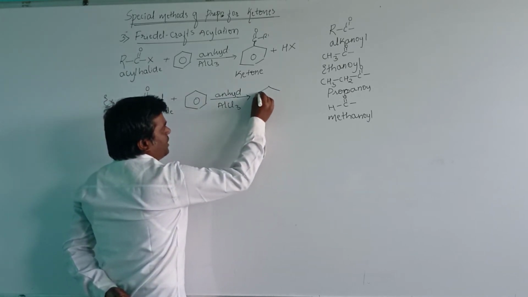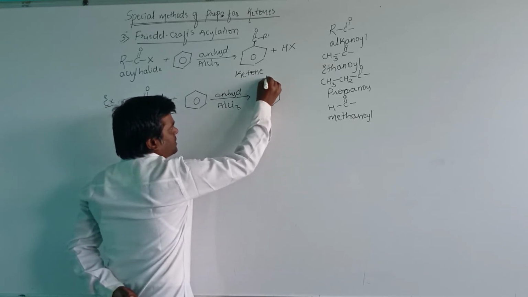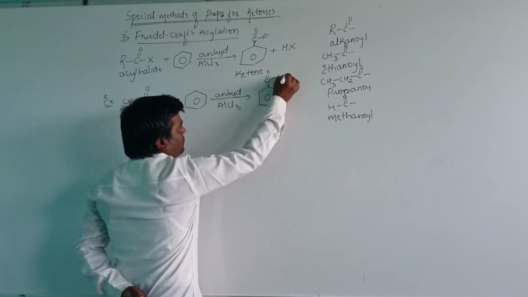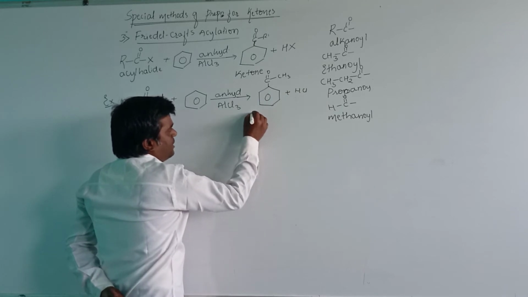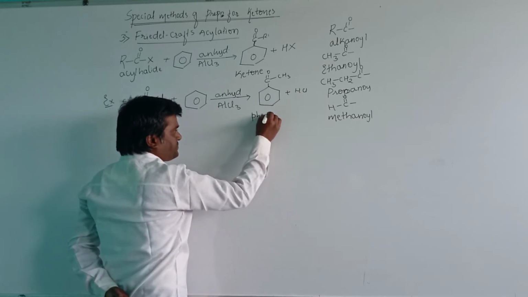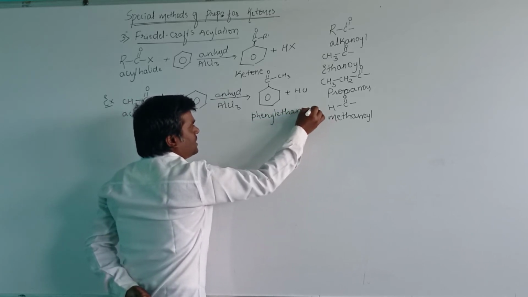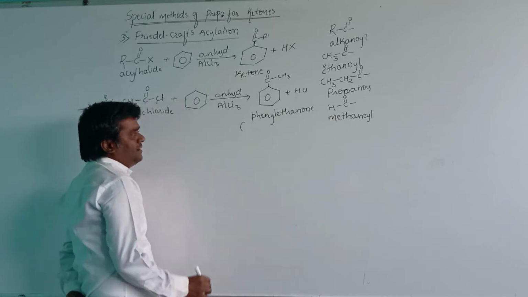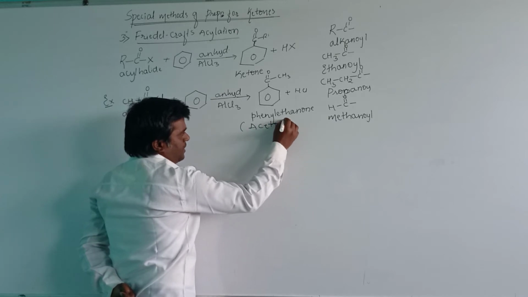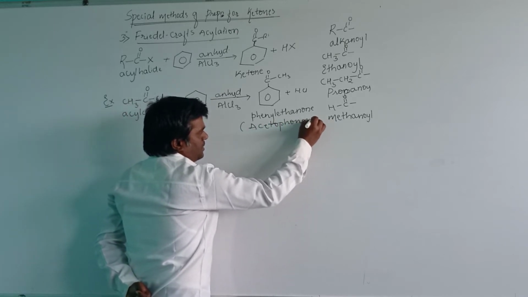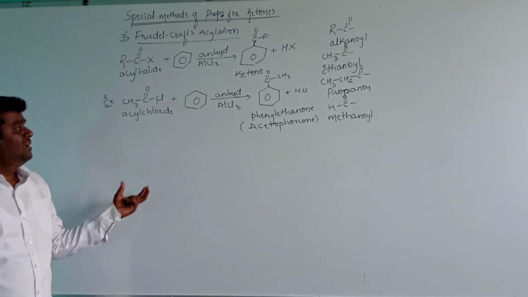That ketone is known as acetophenone. The IUPAC name is 1-phenylethanone, and the general name is acetophenone. This is about the Friedel-Crafts acylation for the preparation of ketones.